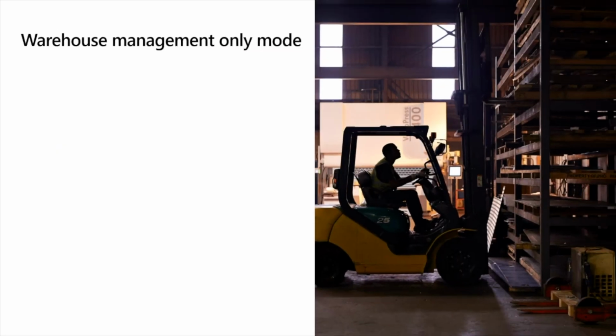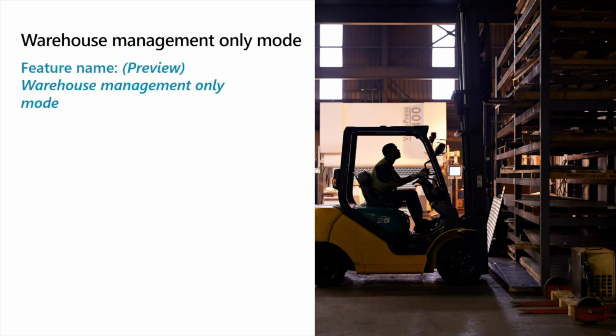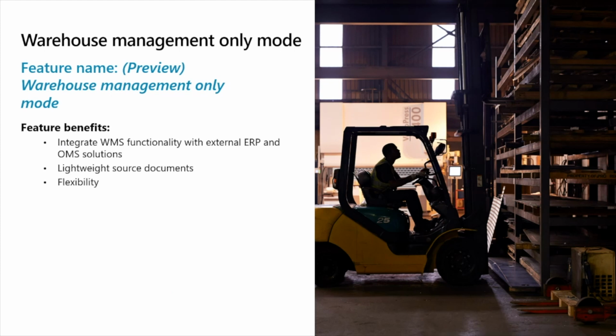So moving to our warehouse management only mode solution, the feature name, it's still in preview, is warehouse management only mode if you look for this in feature management. But you can now run all of your supply chain warehouse operations in Microsoft Dynamics 365 SCM as part of a dedicated ecosystem that easily integrates with other ERP and order management systems via new lightweight source documents of inbound and outbound shipment orders.